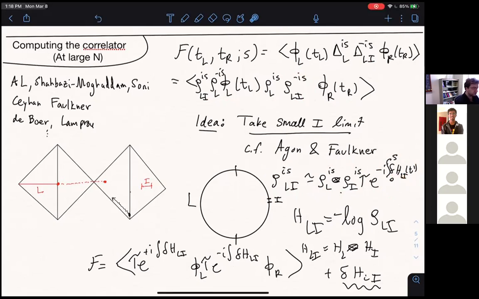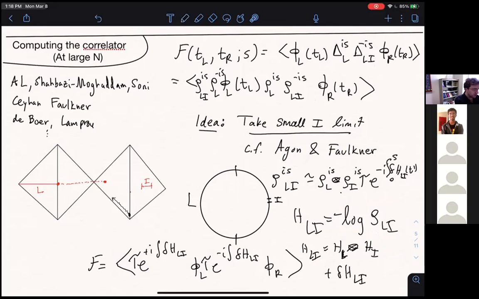HLI is the modular Hamiltonian for rho LI, and HLI takes the form HL tensor HI plus delta HLI.